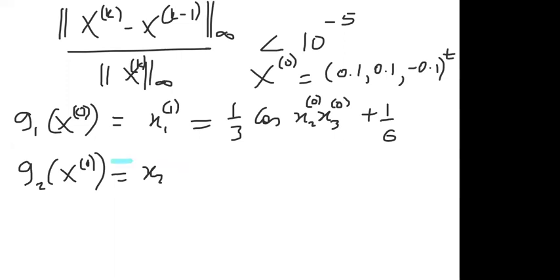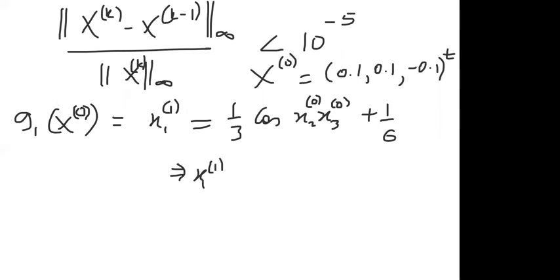So you just have to substitute in there. So let me get rid of this so that I evaluate this expression. So this implies x1 will be equal to 1 over 3. Then I'm going to have cos of x2 0, I have 0.1, and x3 0 is negative 0.1.